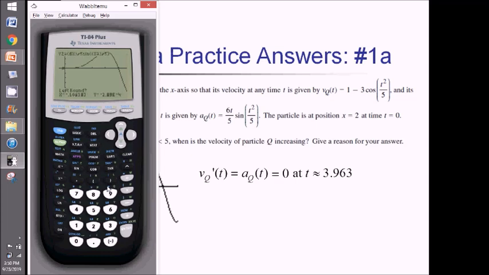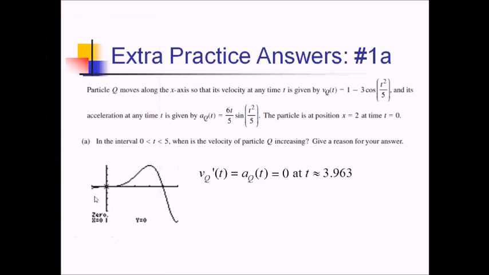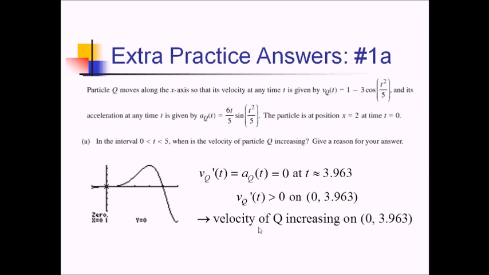Left bound a little bit to the left of the origin, right bound a little bit to the right, enter one more time, and we see that indeed we have a 0 at this crazy weird number, which is just the calculator's way of saying 0, because that's about as close to 0 as you can get. We are going from 0 to 3.963. That's where v prime is positive, so that's where our velocity is increasing on that interval.